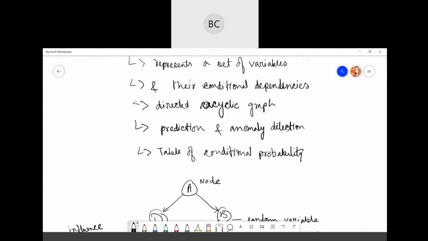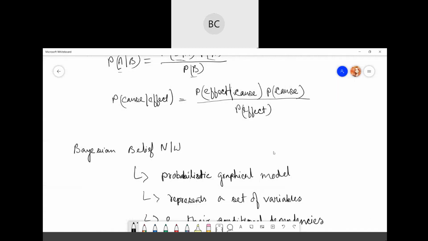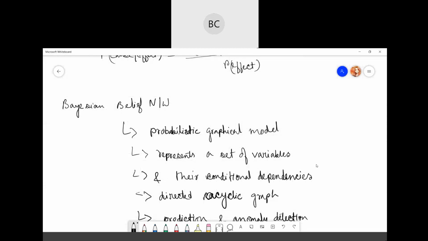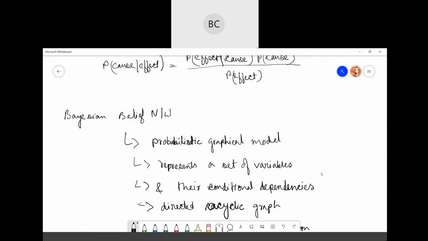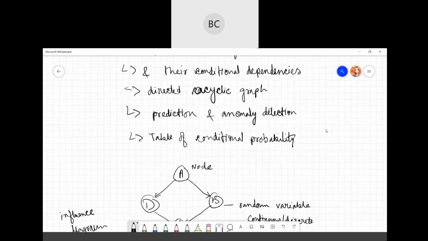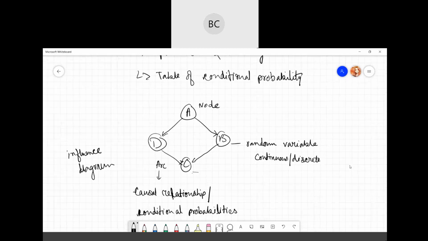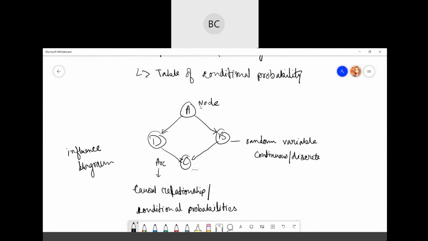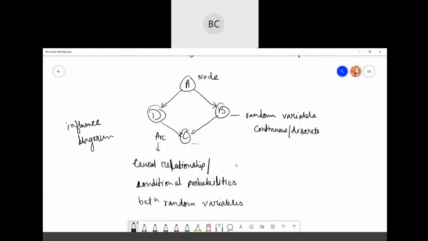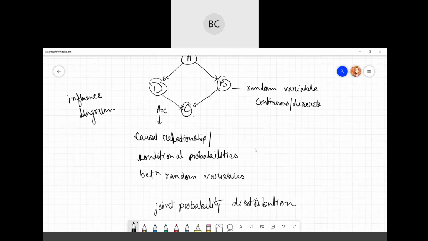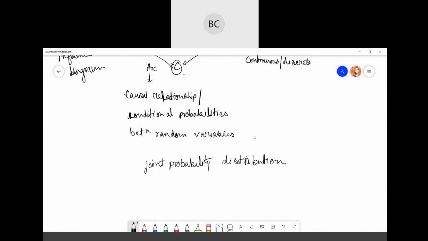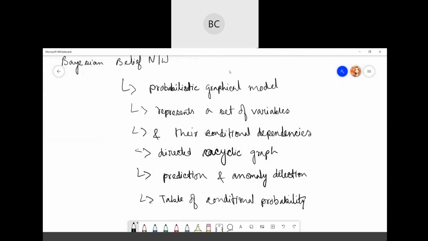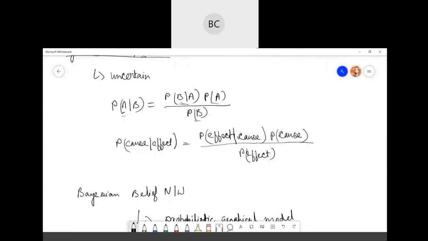So we have a Bayesian belief network, which is basically a representation of nodes and arcs. Your nodes represent your random variables, and arcs represent the relationship between the nodes. You can solve any problem with the help of the joint probability distribution, which is nothing but this equation.